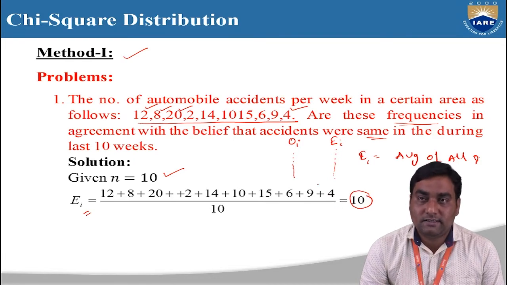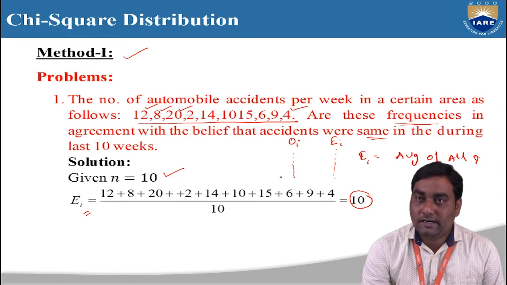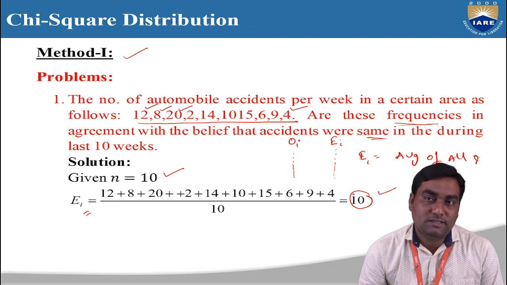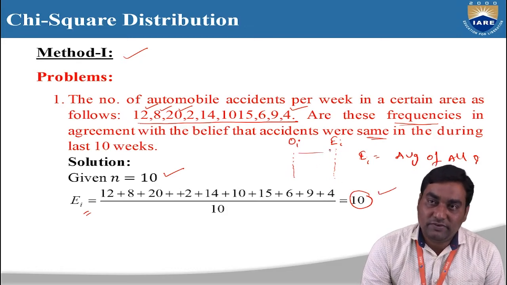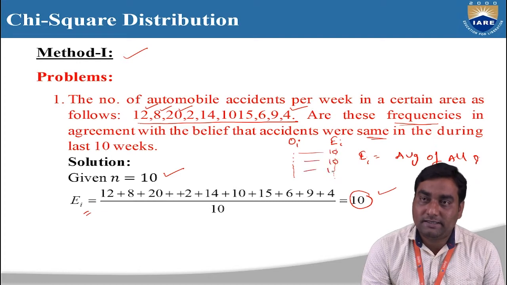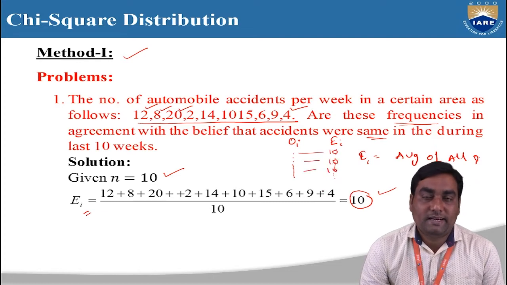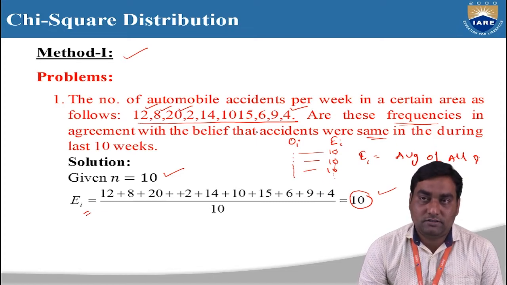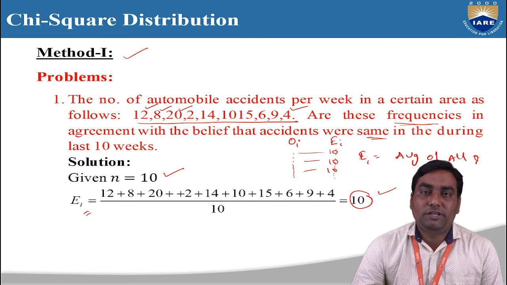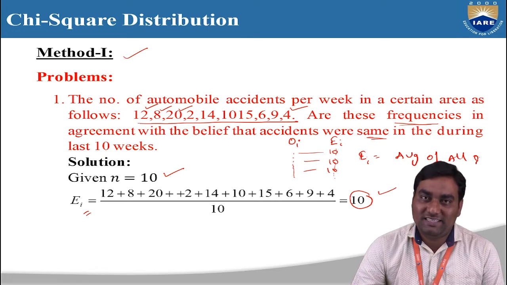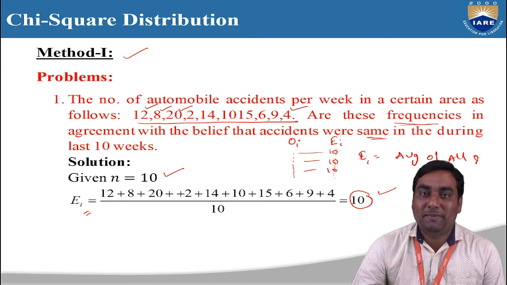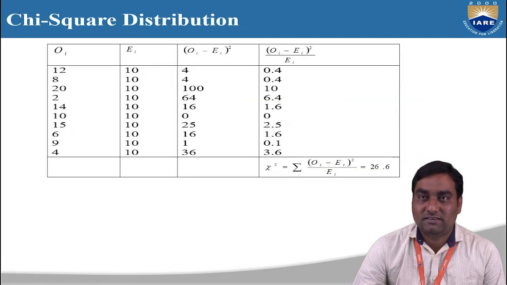Expected frequency is 10. We got 10 observed frequencies, 12, 8, 20 like that, but only one expected frequency. For each observed frequency, we can take the expected frequency 10 for all the 10 observations. Like that, in method 1 we find the expected frequency from the observed frequencies only, which is the average of all observed frequencies.